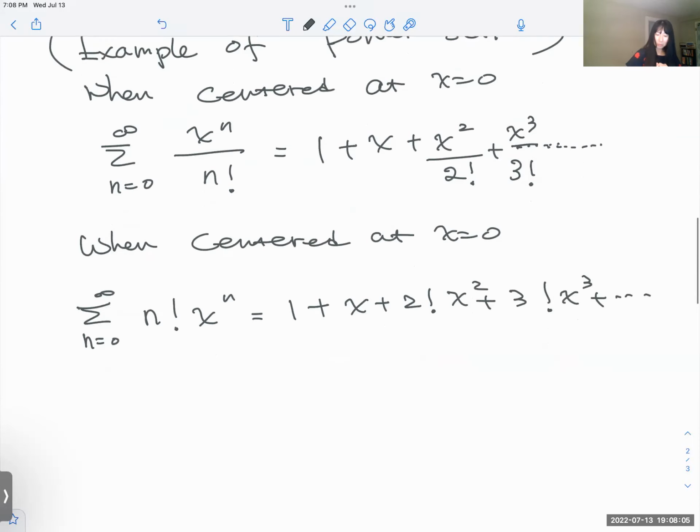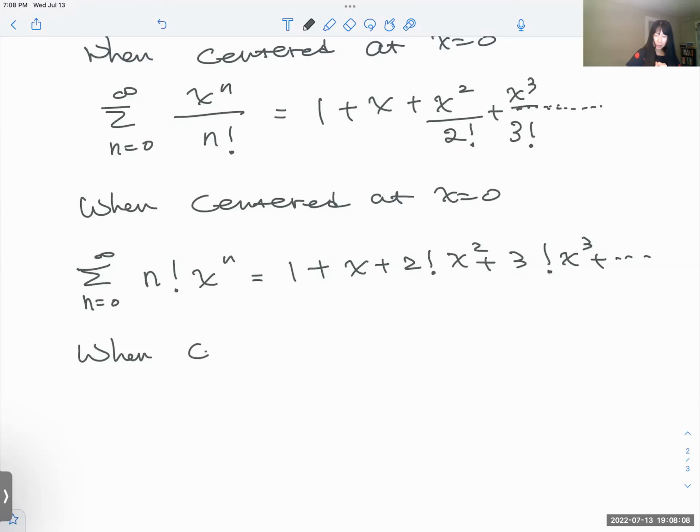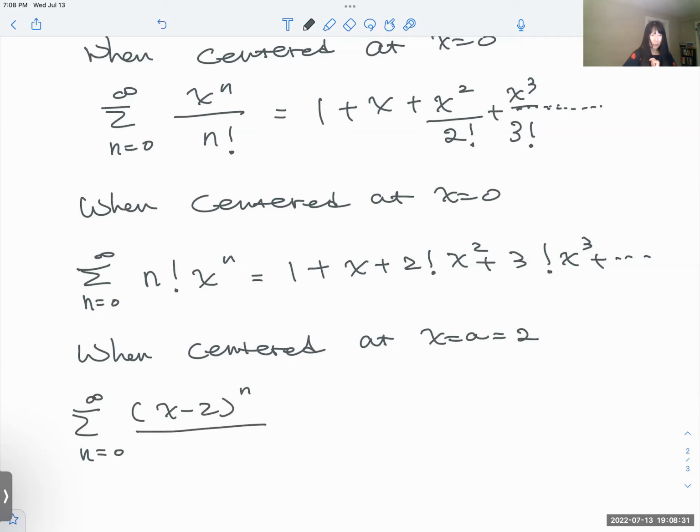Now, when centered at x equal to a, in this case it's 2. Let me show you. The series, n from 0 to infinity, of x minus 2 to the n power over n plus 1 times 3 to the n power. Can you see that here? So it's centered at x equal to 2.